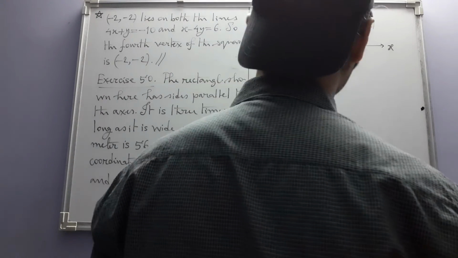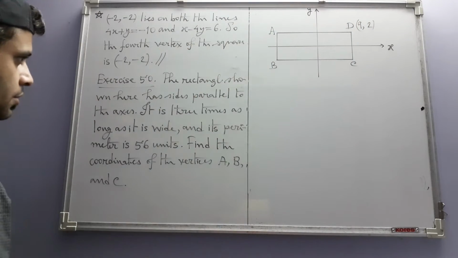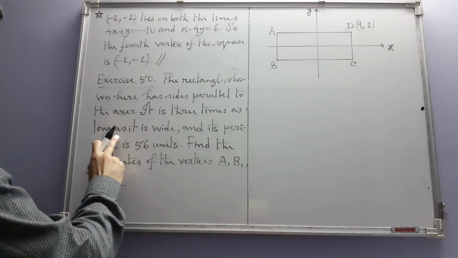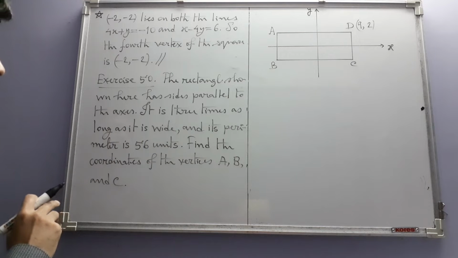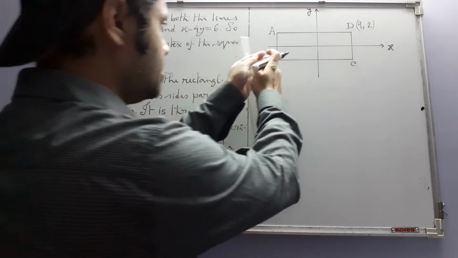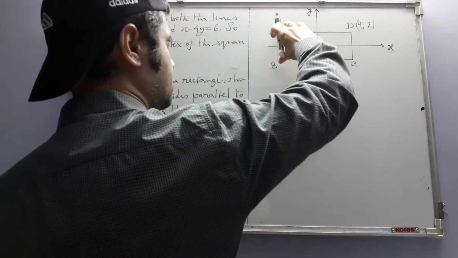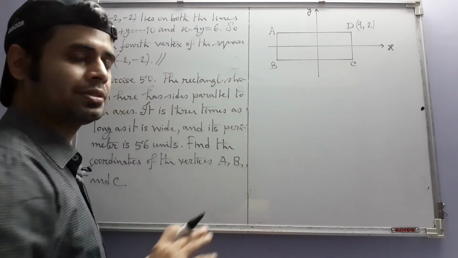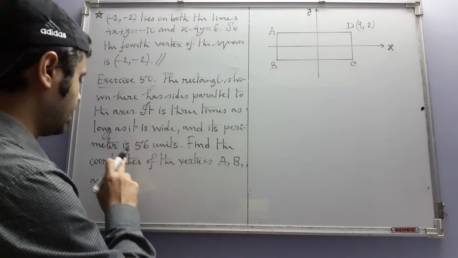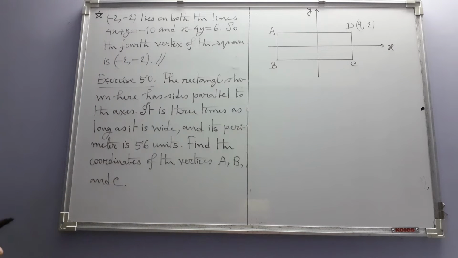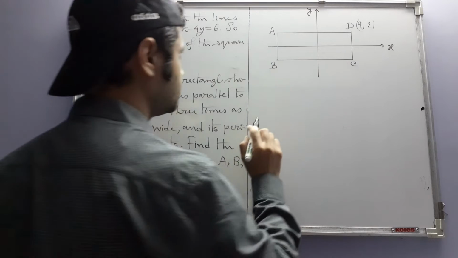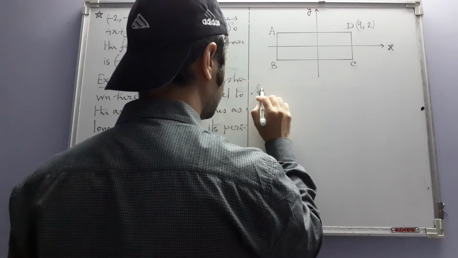Okay, it is 3 times as long as it is wide. That means this length is 3 times this length. BC is 3 times AB. And the perimeter is also given to be 56 units. So we start the solution like this.